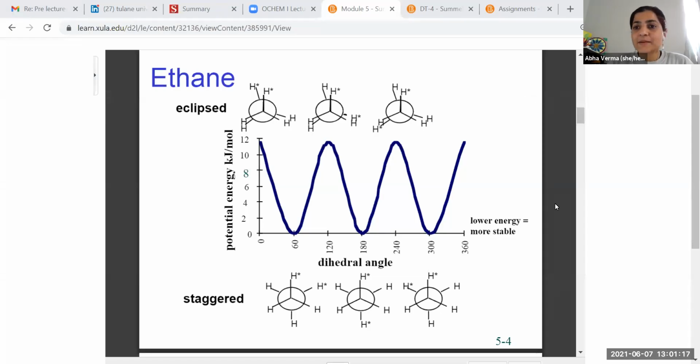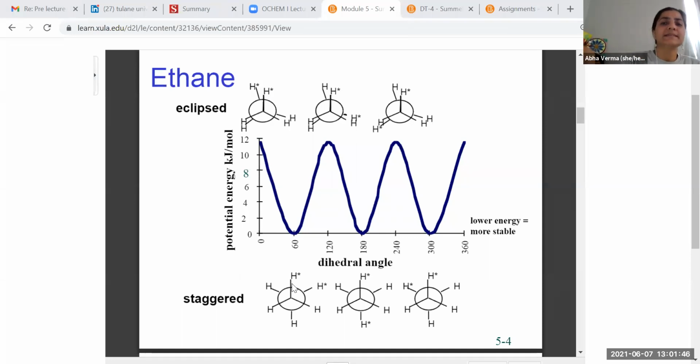Okay, so the last time that we were doing module 5, we had stopped at the conformations of ethane, and we were looking at how the eclipsing, where the hydrogen atoms are back to back, and then you take a 60-degree turn between the front two carbons. This is the 60-degree.